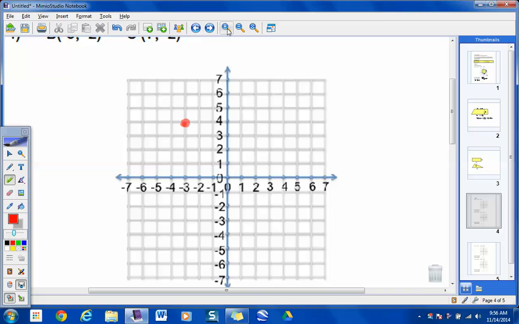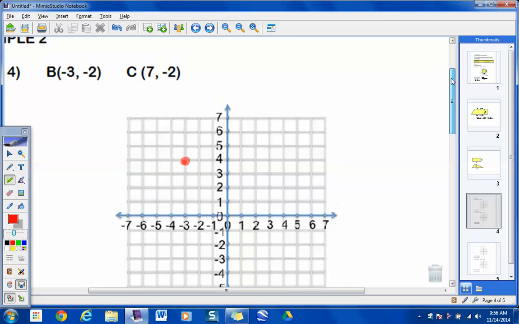Next point. Left 3, down 2, I agree. About here. And then finally, right 7, down 2. So here. So once you've got those 3 points plotted, go ahead with your straight edge and draw your shape.